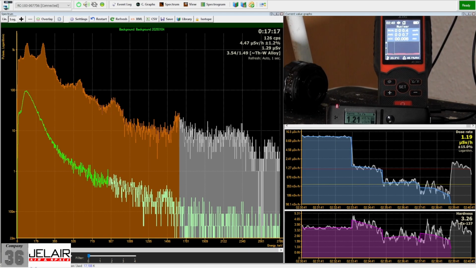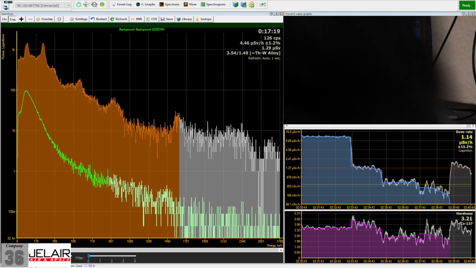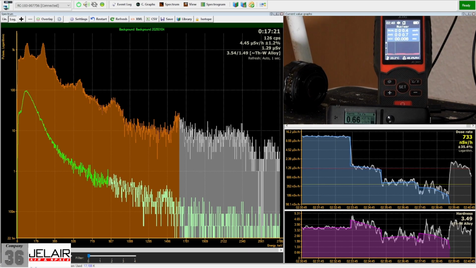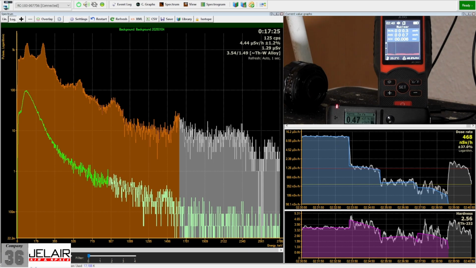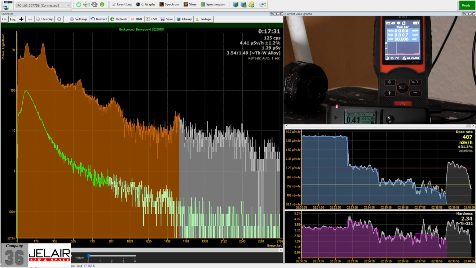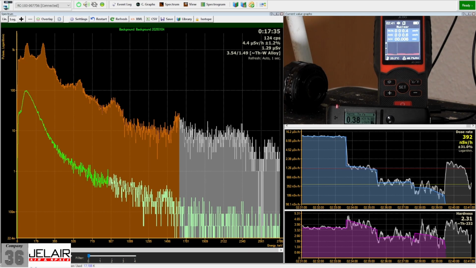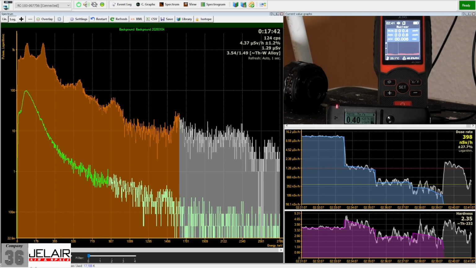Now I'm moving it 10 centimeters away from the two detectors and you can see how the radiation level drops. This is a little less than a foot of distance. It's about 10 to 12 centimeters right there.